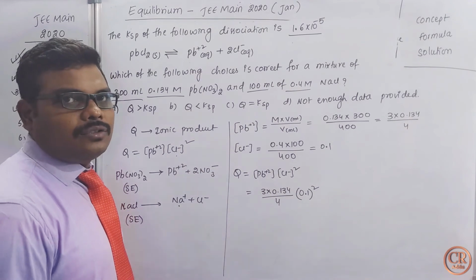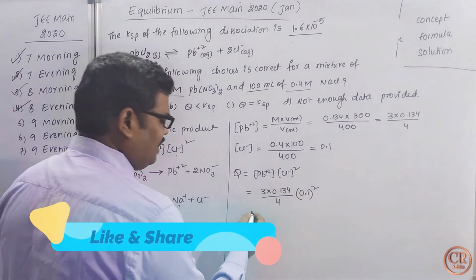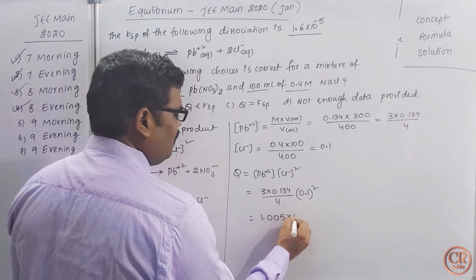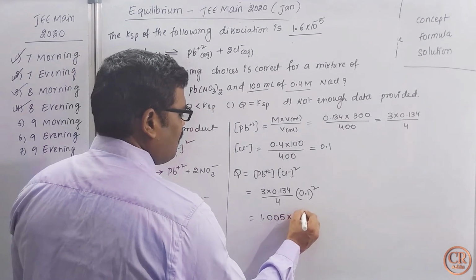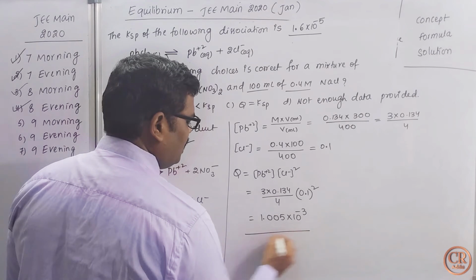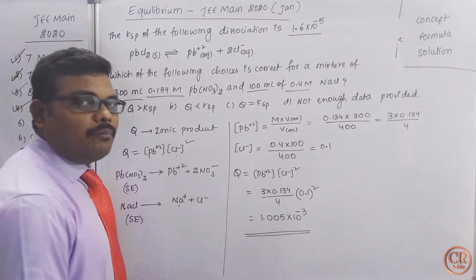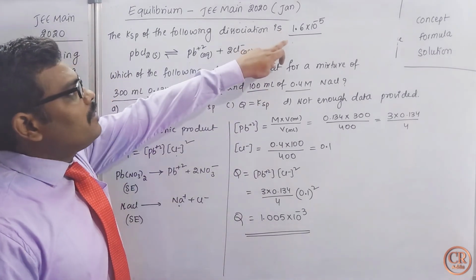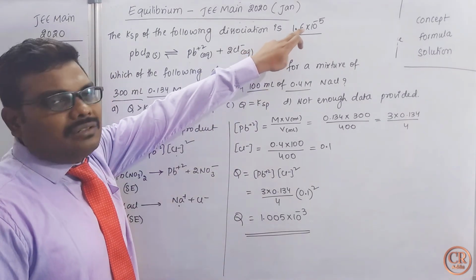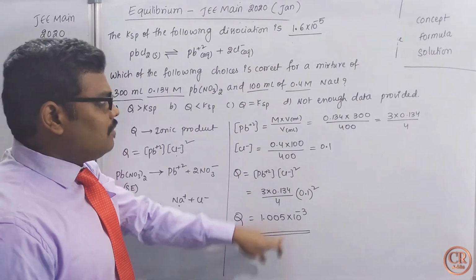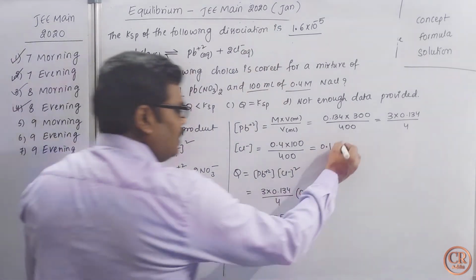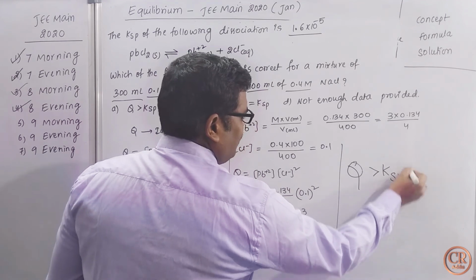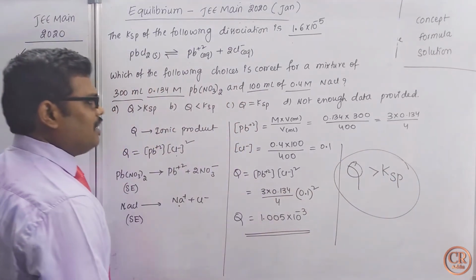If you simplify this, we get 1.005 into 10 power minus 3. This is the value of Q. Then what is the value of KSP? 1.6 into 10 power minus 5. When you compare these two, which is more? Yes, Q is more than KSP.